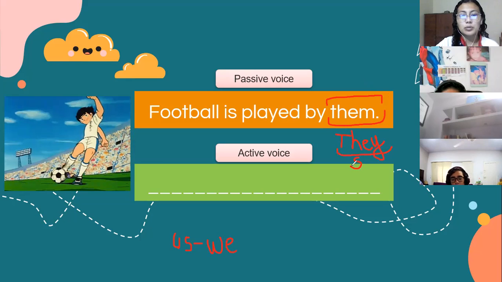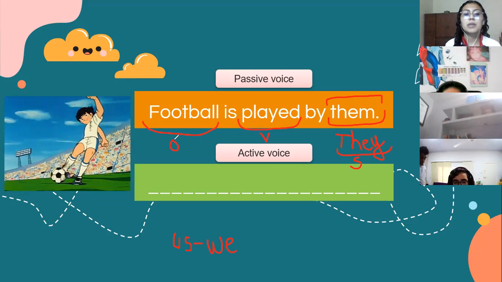Ahora, ¿cuál es el verbo? Played. Play. Bien, este es nuestro verbo. ¿Cuál es el objeto? Football. Very good. This is the object. Now, in which tense is the sentence?